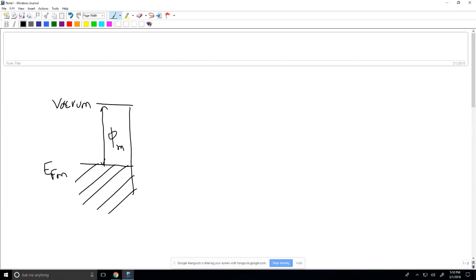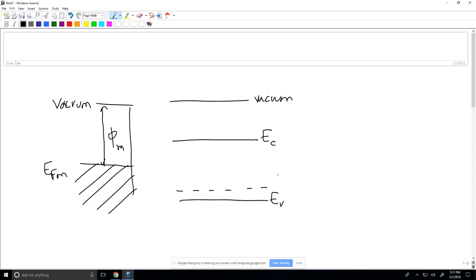Now I have a p-type semiconductor, and of course the way we draw a p-type is by drawing the Fermi level closer to the valence band. So this is my vacuum level, this is EC, this is EV, and here is EFP.